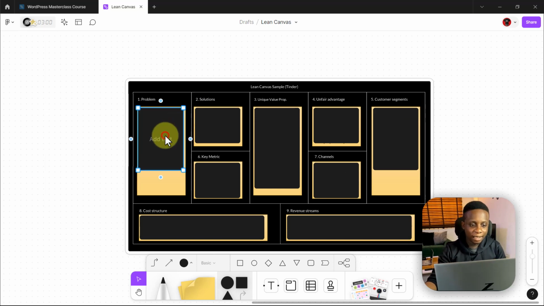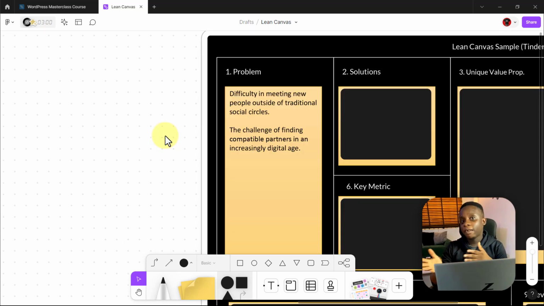Using Tinder as an example, what problem did Tinder find? Tinder found that there was a difficulty in meeting new people outside traditional social circles, or just meeting new persons. If you wanted to meet new persons or interact with someone, maybe relationship-wise, it was very hard for people back then. And also the challenge of finding a compatible partner.